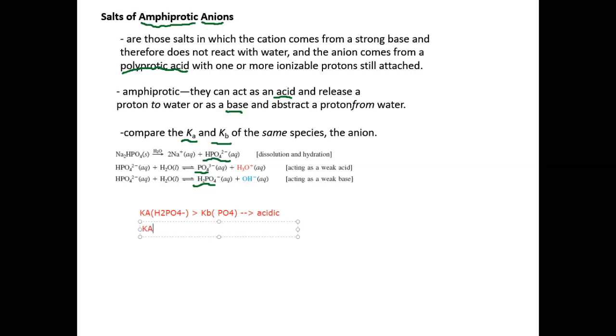This is only done when it's an amphoprotic species, such as dihydrogen phosphate, hydrogen phosphate, bicarbonate, bisulfate, etc. So that's how you would determine the pH of a solution that contains an amphoprotic anion.